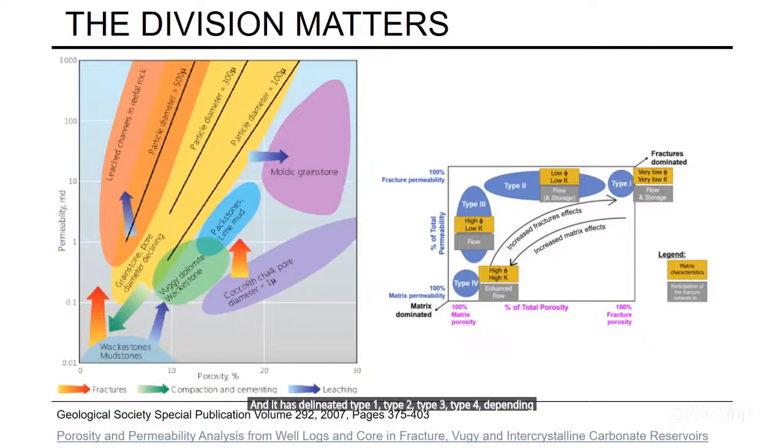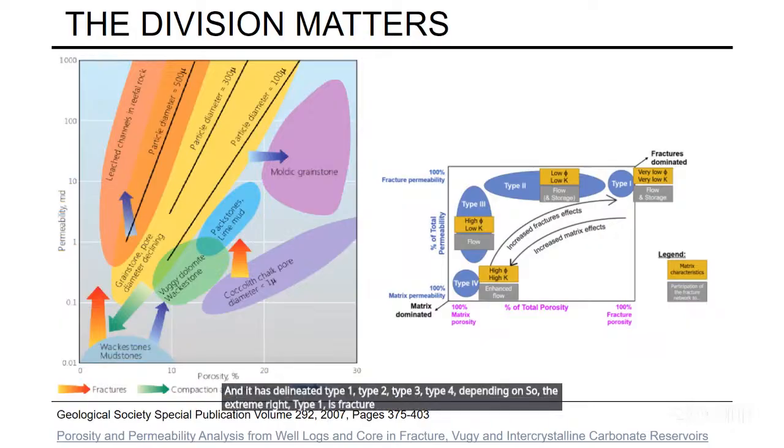On the extreme right, type 1 is fracture dominated, with high porosity and permeability, whereas type 4 is matrix dominated, with low permeability and porosity.